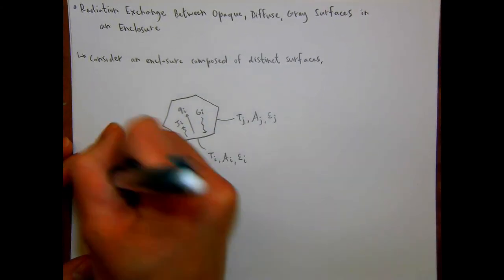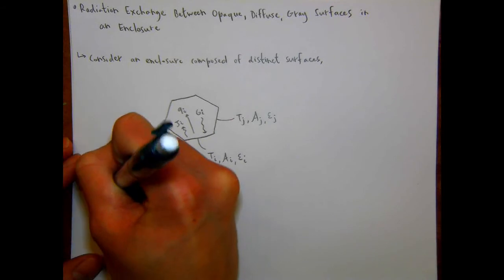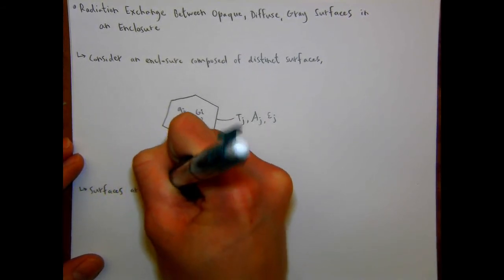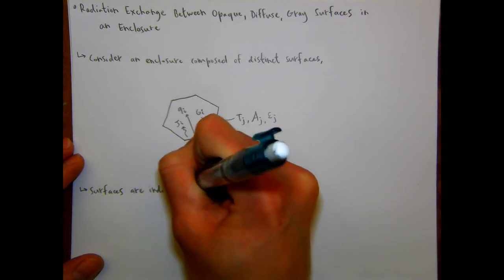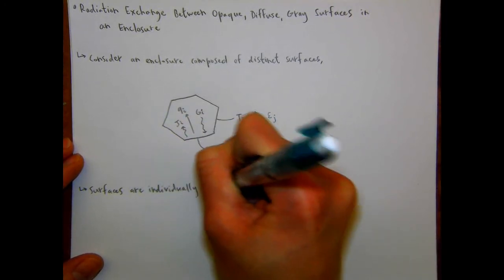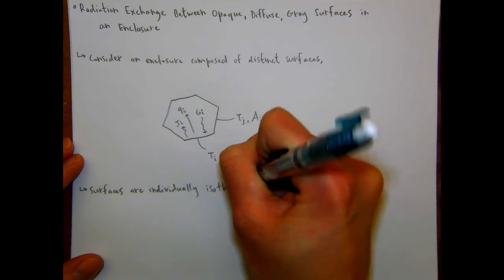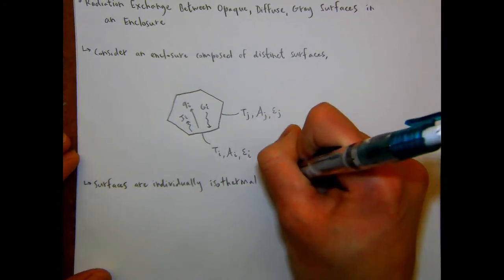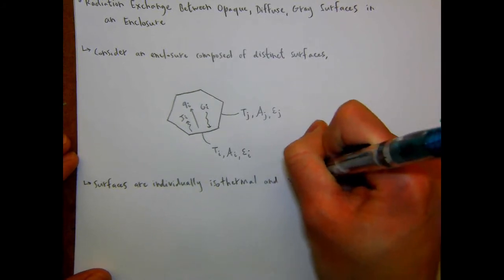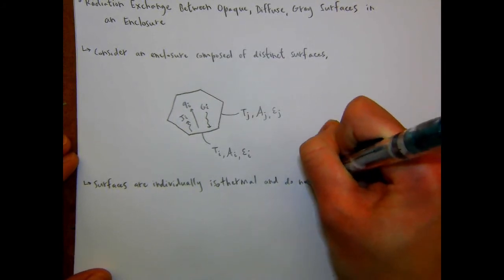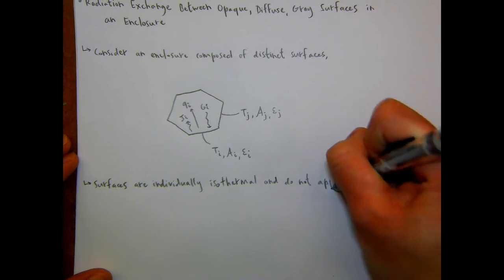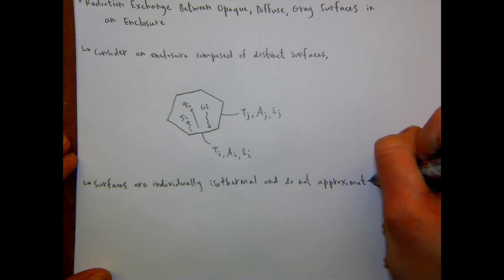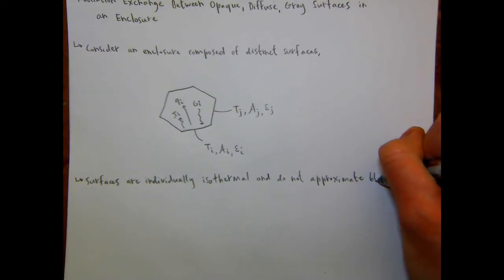Okay, so we'll say the surfaces are individually isothermal and do not necessarily approximate black body behavior.